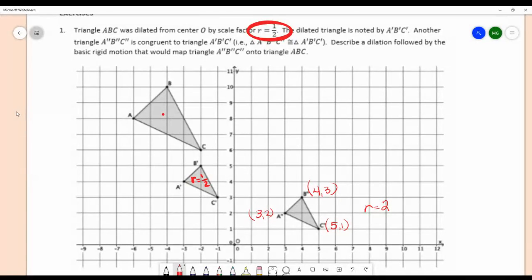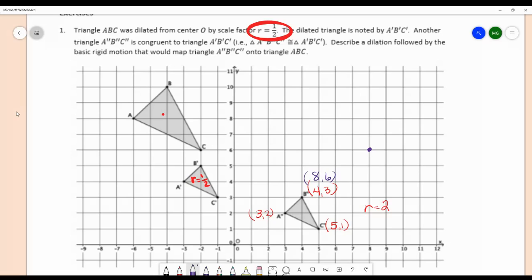So let's go ahead and change all of our points by a scale factor of 2. When we do that, this B prime prime would now be 8, 6. I'm going to go ahead and label it 8, 6. There we go.